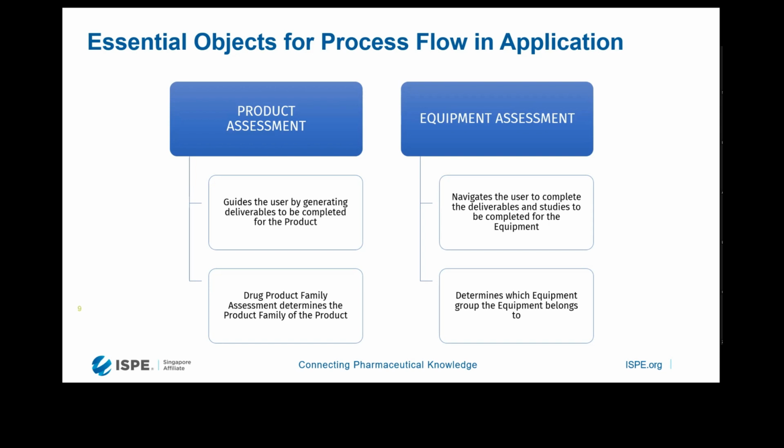At the end of the day, in the digitization world, the software world for cleaning, we call it business rules. What are business rules? Let's say, how do you determine a product is worst case? How do you determine that for this product you have to do a certain number of activities from a validation standpoint when it comes to cleaning?